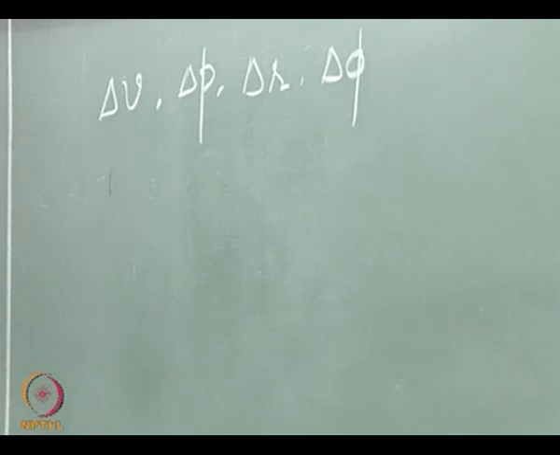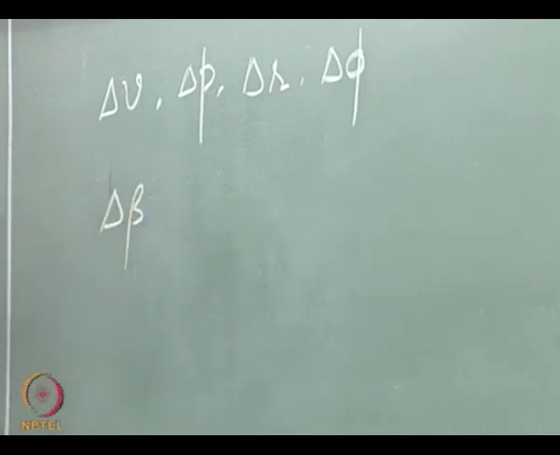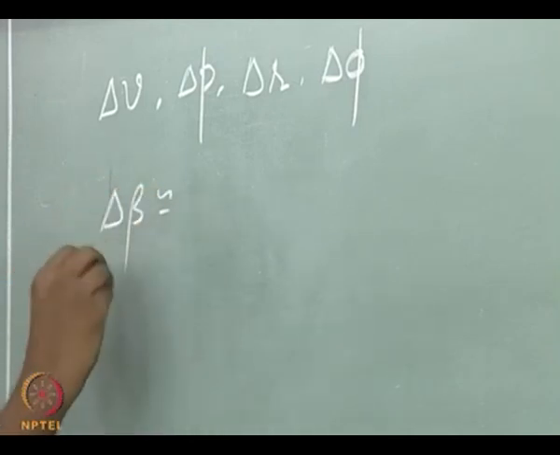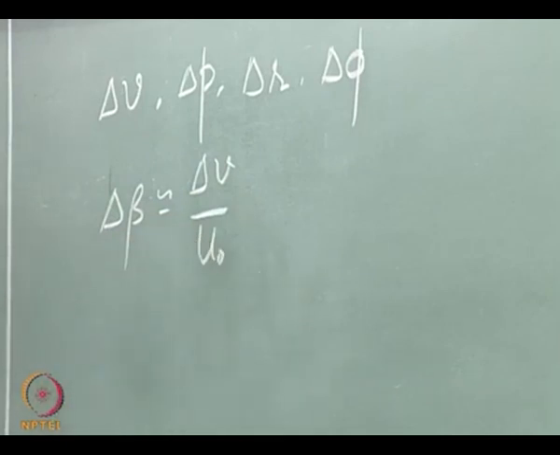This delta V can also be written in terms of delta beta. We are talking about wind disturbance. Disturbance is coming from the wind. So, we will talk about this angle delta beta, which is this.